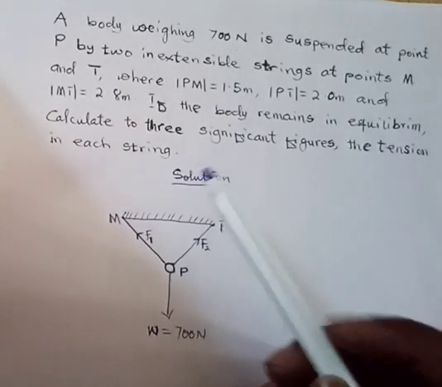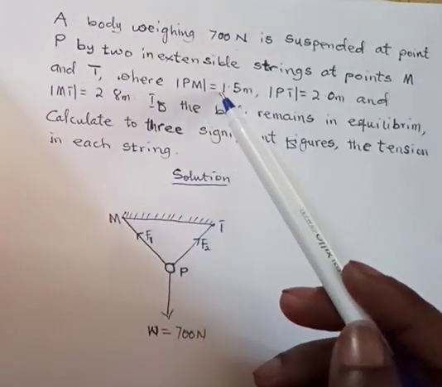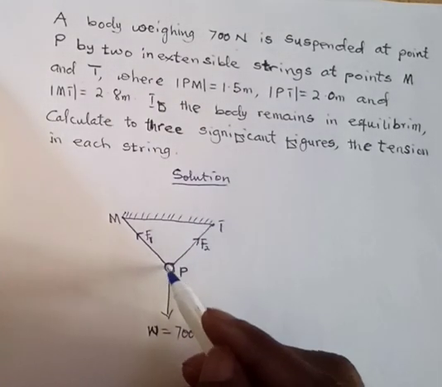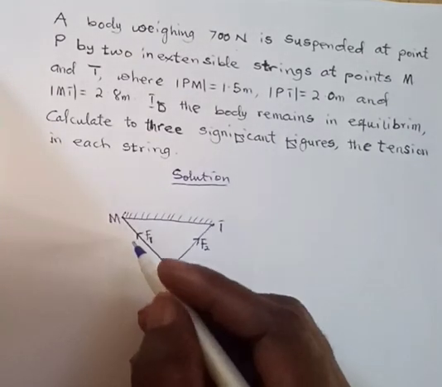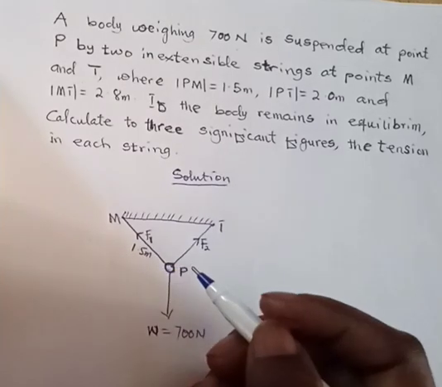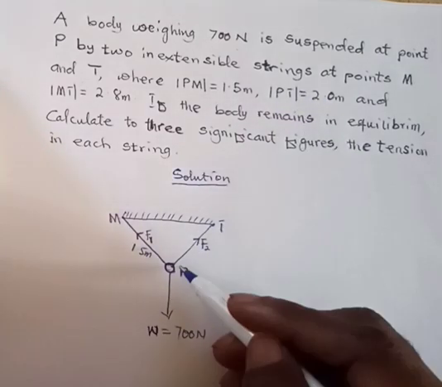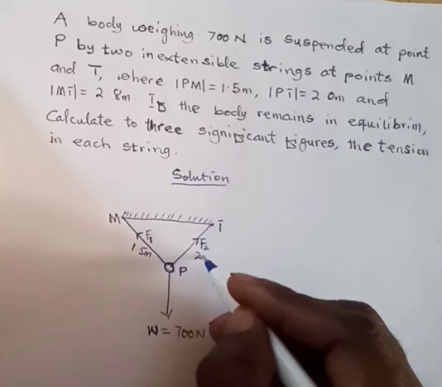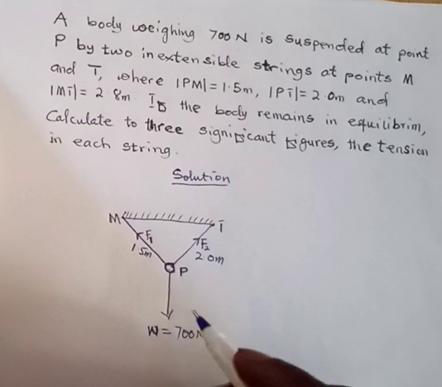In the question, it was given that PM is 1.5 meters. So let's see where PM is. This point is where the P is. So from P to M, we were given 1.5 meters, right? And also PT was given as 2.0 meters.